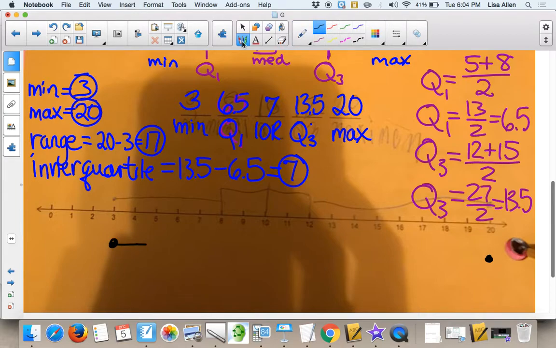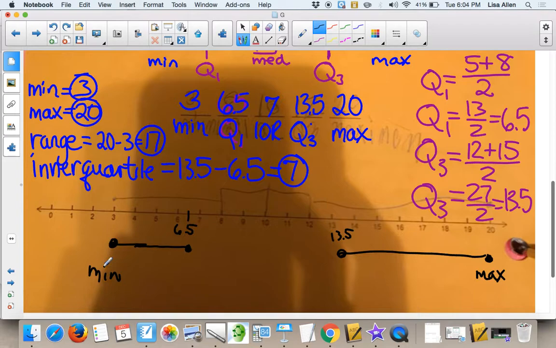Quartile 1 will be 6.5. And then 13.5 is here, just so you can see it. I'm going to draw the number line like this, and that will be the max here of 20 and the min here.